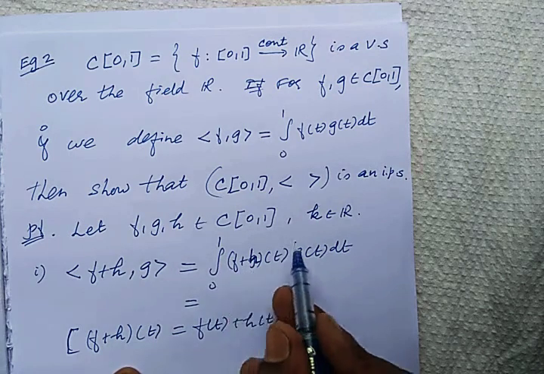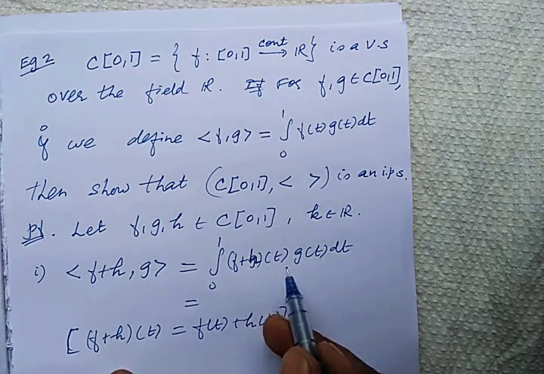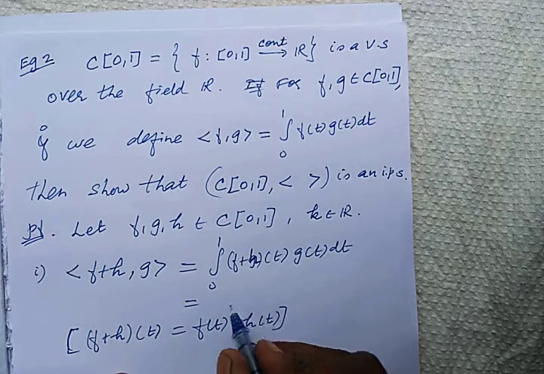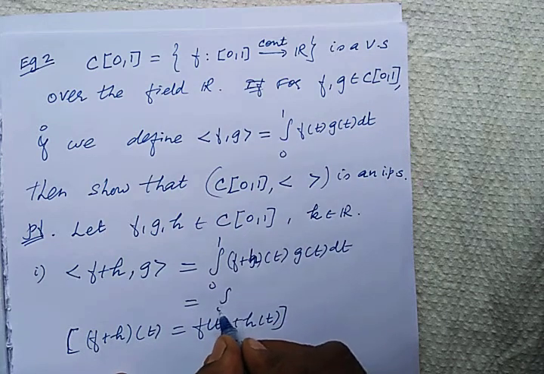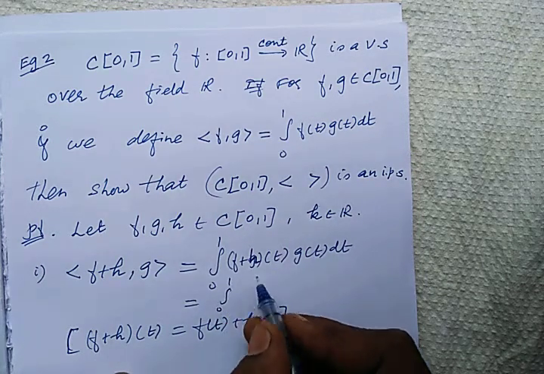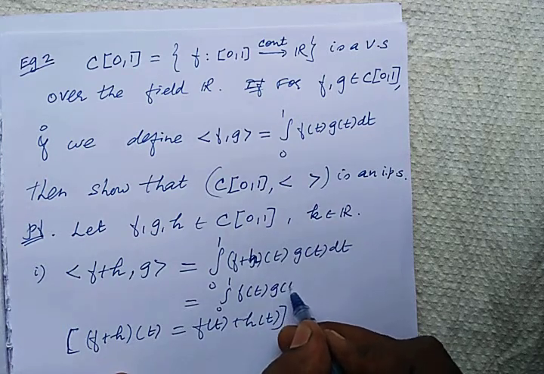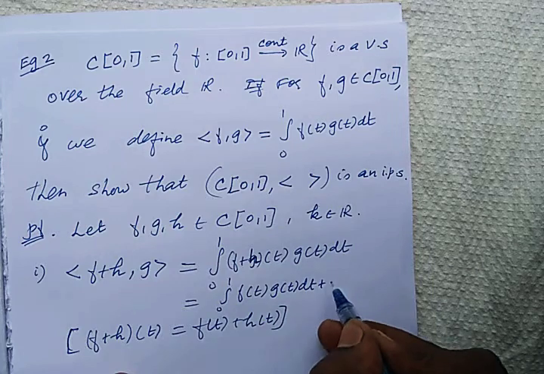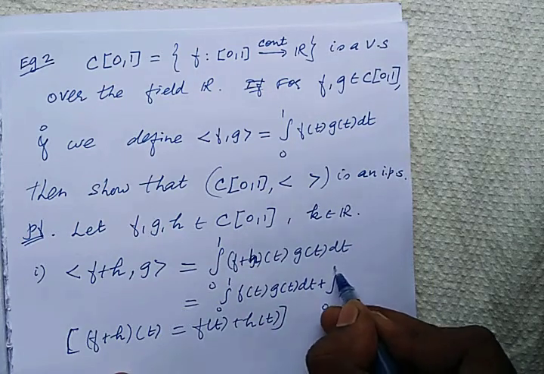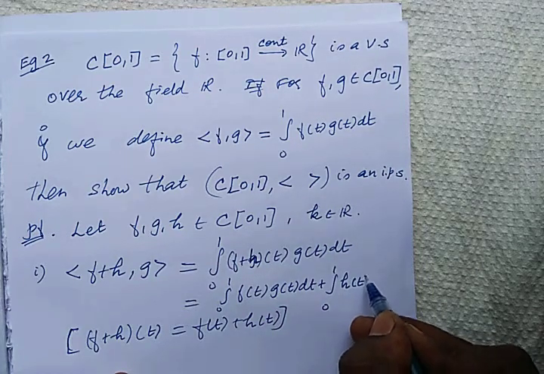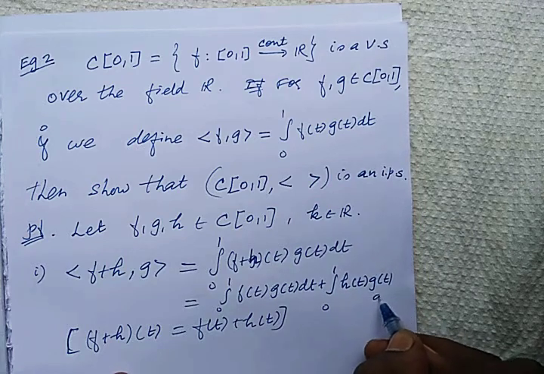But f plus h of t is equal to this, so this can be written as the integral from 0 to 1 of f of t g of t dt plus the integral from 0 to 1 of h of t g of t dt.